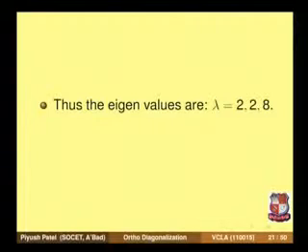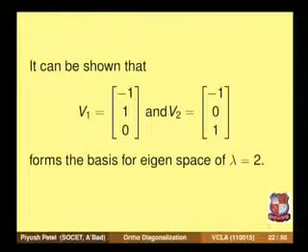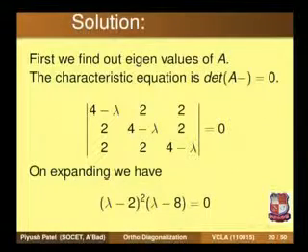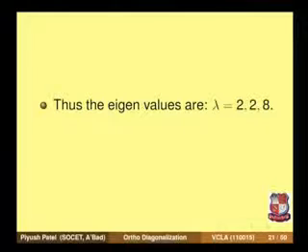Now for each of the eigenvalues we will find a basis for the eigenspace. For lambda equal to 2 we find a basis, and for lambda equal to 8 we will find a basis.